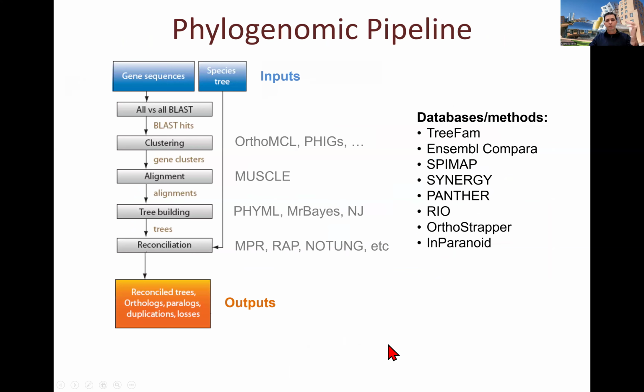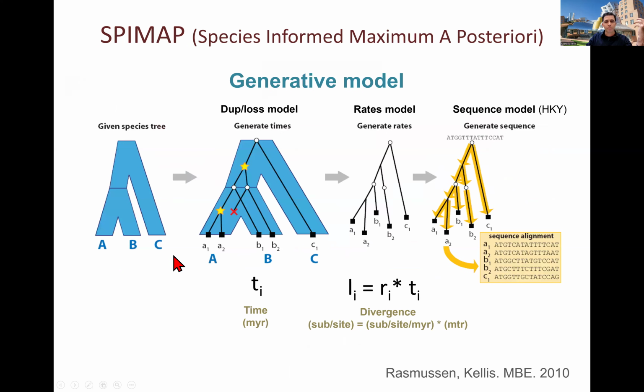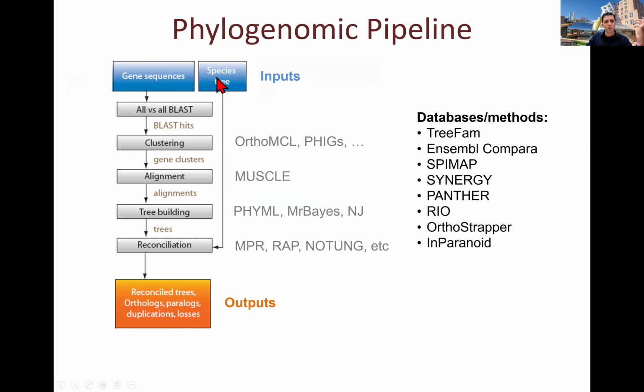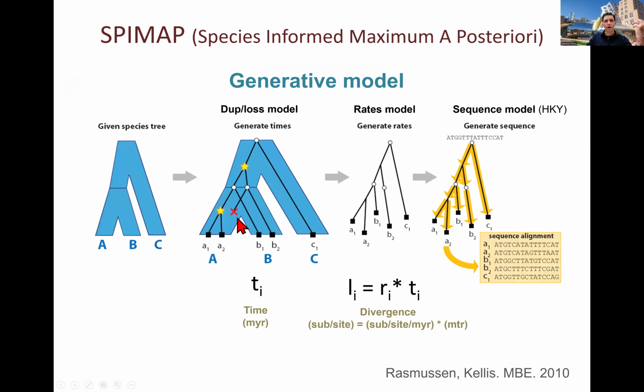Awesome. Now, suddenly, that allows me to completely change the phylogenomic pipeline. So before, I would just do an all-by-all BLAST. I would cluster, I would align, I would build the trees, I would reconcile, and then I would have some kind of reconciled tree. But now, if I have the species tree, I can actually do much better at tree building than that. Why? Because I now have a probabilistic model that basically says I'm given a species tree.